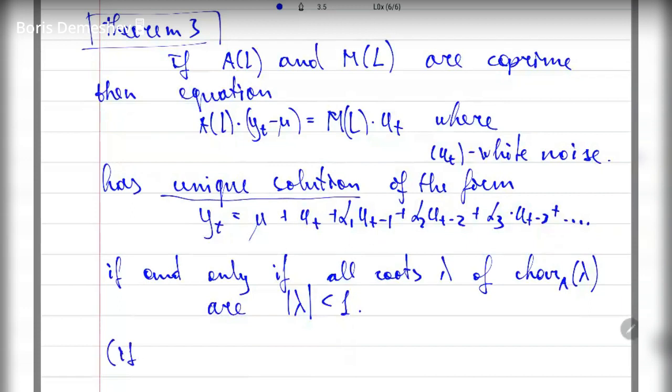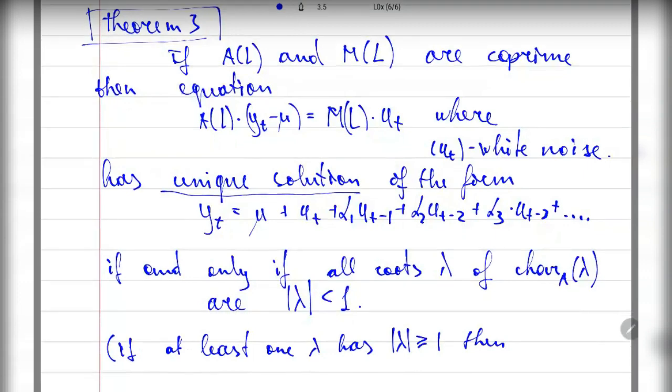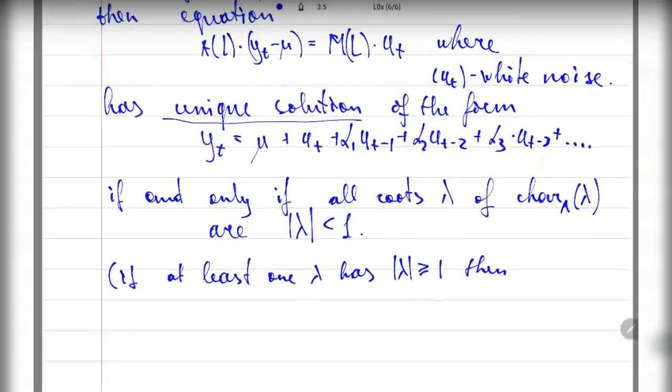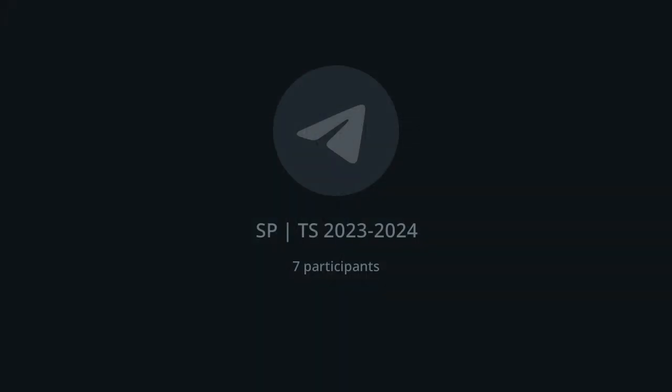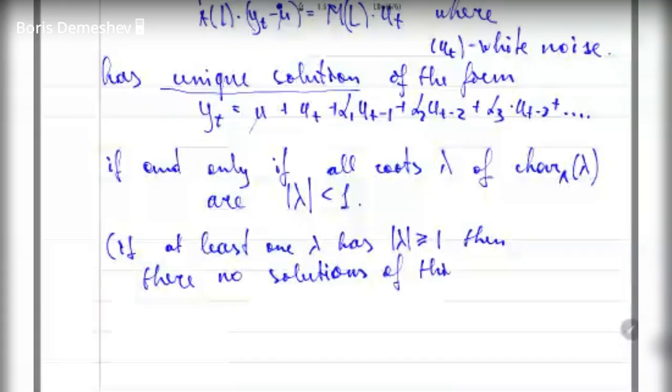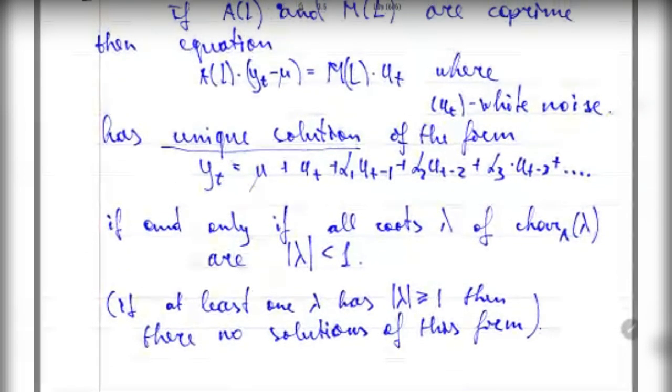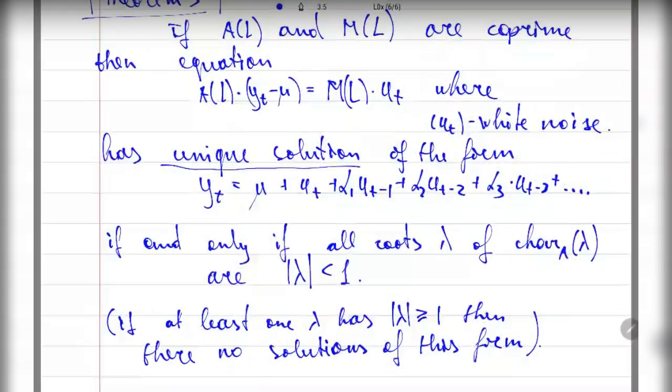So if at least one lambda has absolute value bigger or equal to 1, then there are no solutions of this form. That's a moving average with respect to ut.